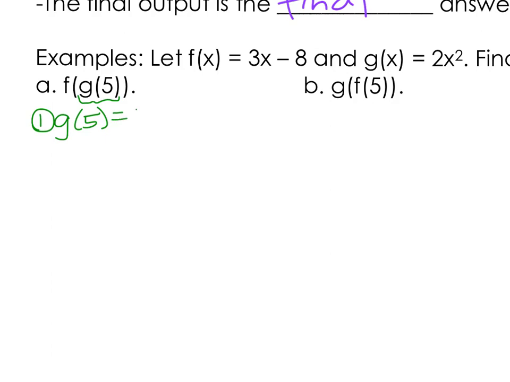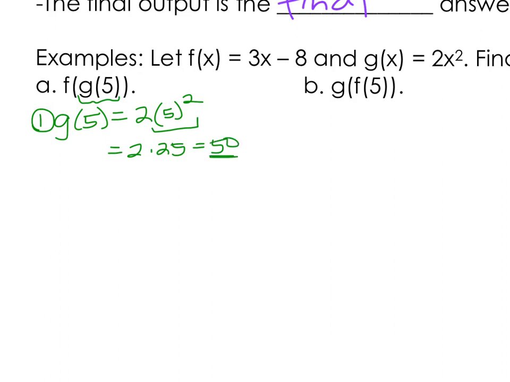It's 2 times x squared, which means this is going to be 2 times 5 squared. Thinking order of operations, we evaluate 5 squared first, so that's 2 times 25, and that output is 50. That's our answer for g of 5.